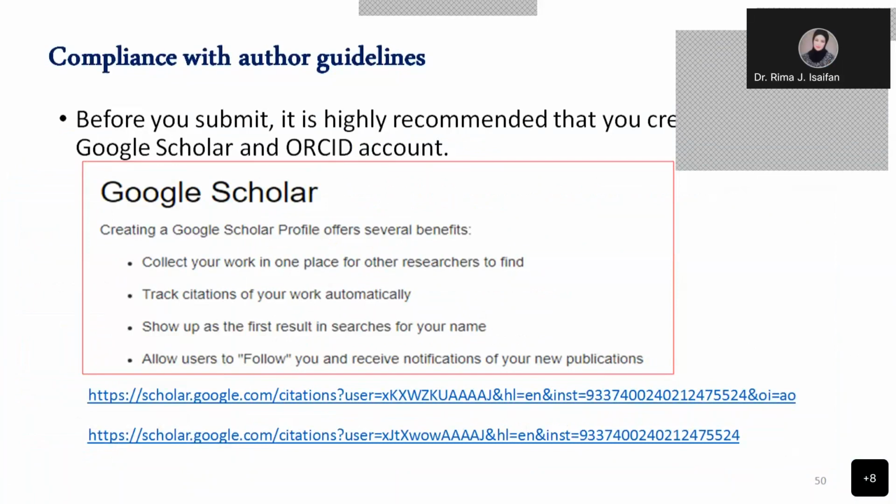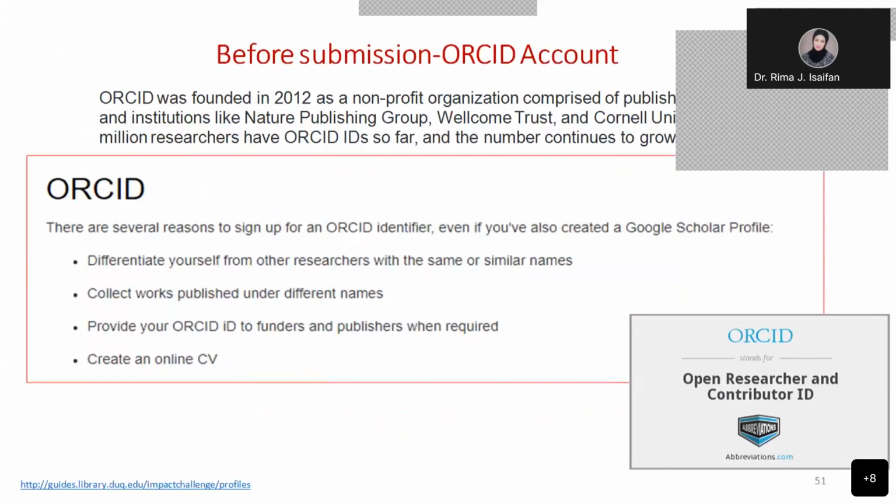So as we mentioned, Google Scholar can be enough, but it's much better to create another unique account that is called ORCID. The ORCID was created basically in 2012, and it has a very growing community, and many publishers now do not accept your publication, or the submission process doesn't get approved or completed, if you don't link it from the beginning with your ORCID number or ORCID account.